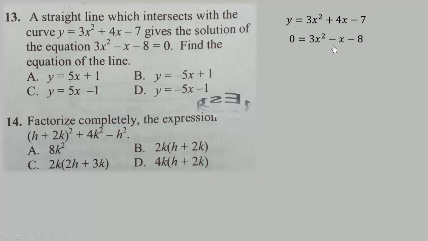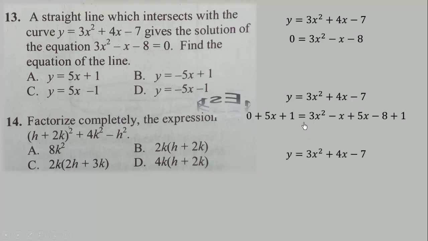So let us transform this equation to look like this. First, we add 1 to -8 to get -7. Then we add 5x to this equation to get 4x. So whatever we do to the right hand side, we do to the left hand side.